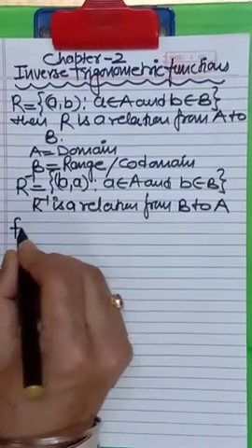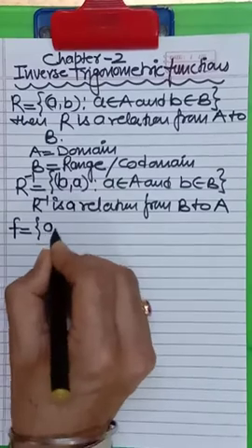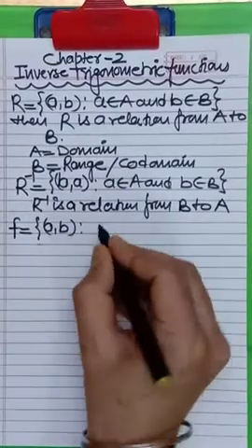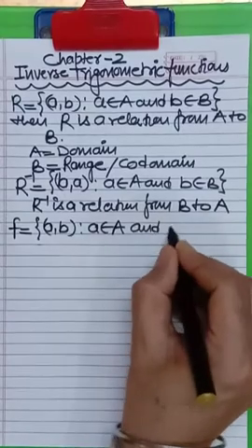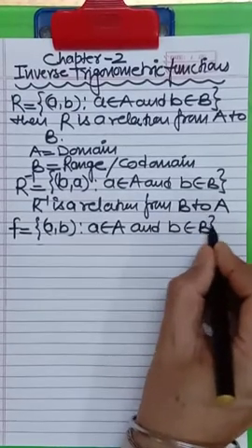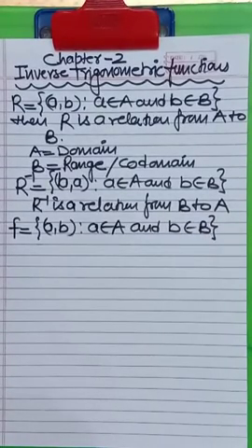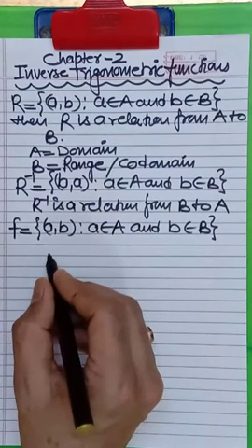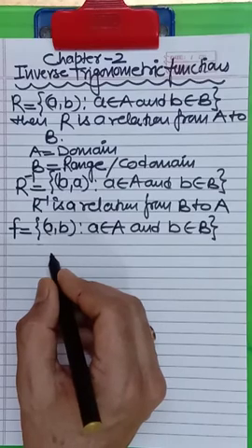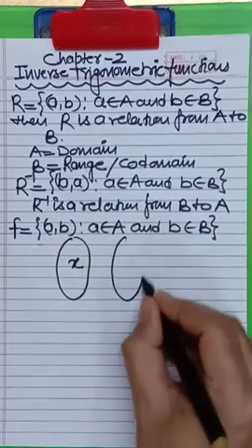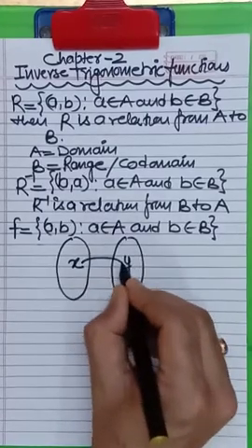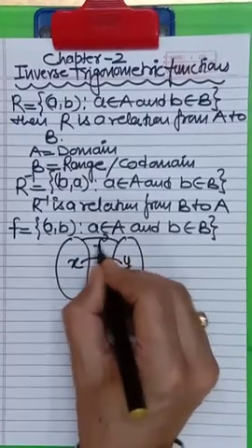As you know, we have also studied about a function. A function is a relation, but we consider a function as a special case of relation. A function is a rule which associates every element of set A to a unique element of set B. There is uniqueness in the function.